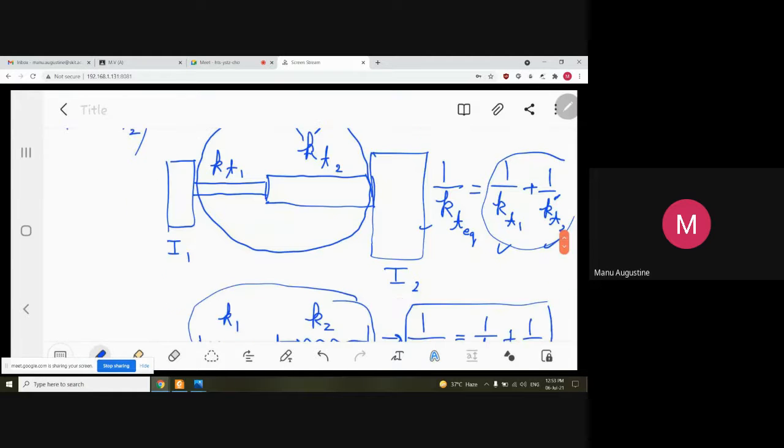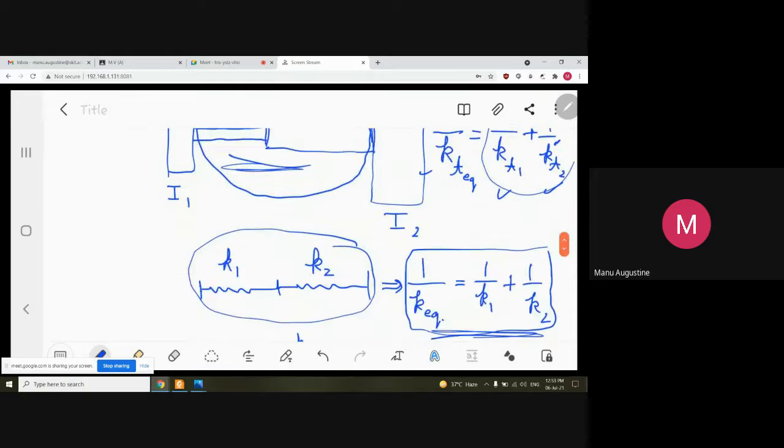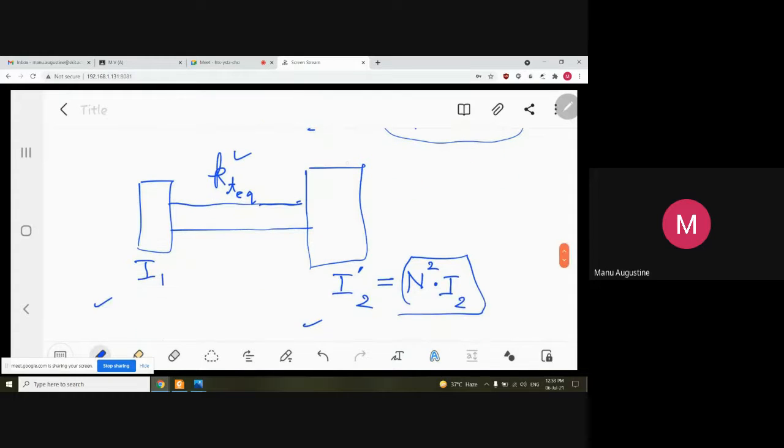And once the stepped shaft system is obtained, you convert the stepped shaft into an equivalent shaft by using the series spring combination formula. And once you obtain it, you proceed with solving this problem exactly like you have solved any other 2 degree of freedom system problem. That's it. This is how you do it.